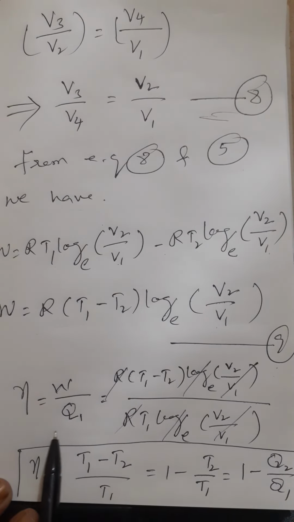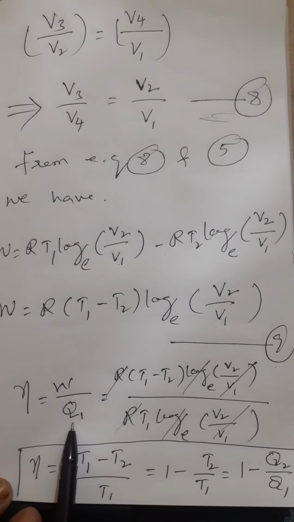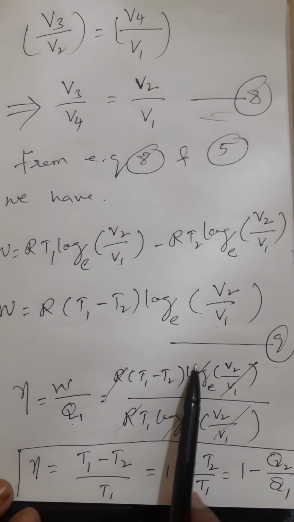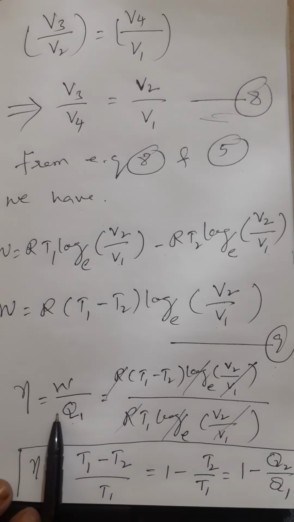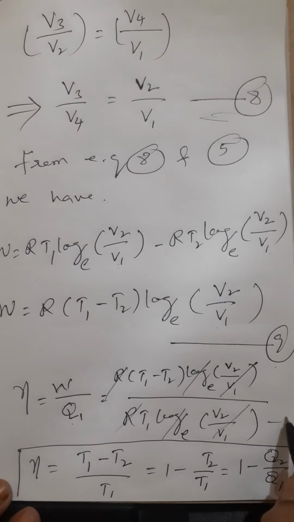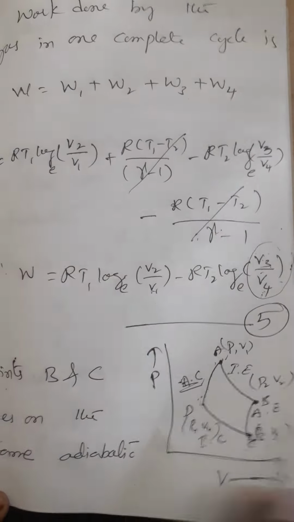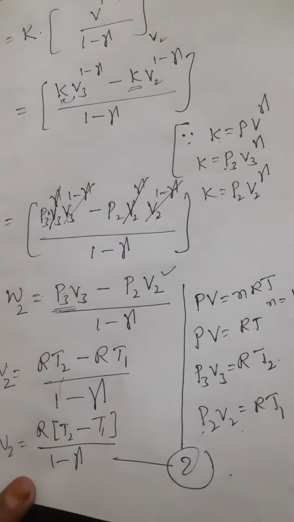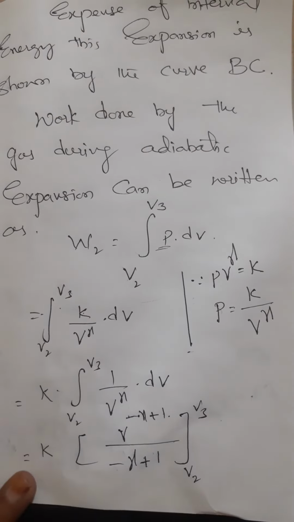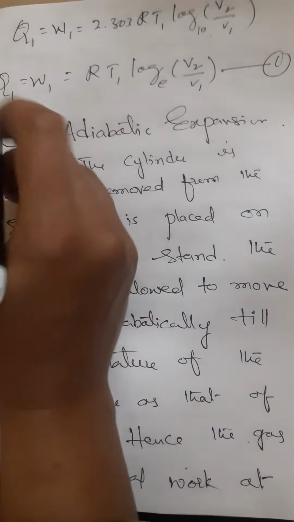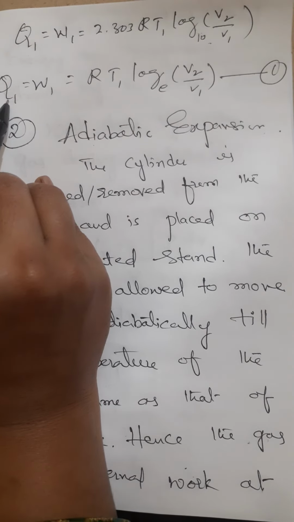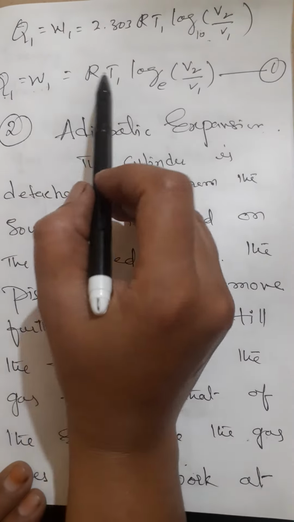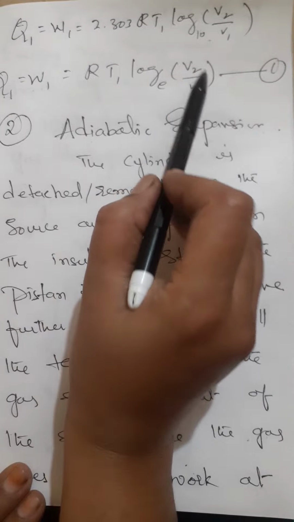Now the efficiency definition, I already told you: total work done by heat absorbed by the engine. Total work done is what we calculated, R(T1 minus T2) log_e V2 by V1. Next, heat absorbed by the engine is nothing but the first equation, the heat energy supplied by the source due to which some work is done by the gas, equal to R T1 log_e V2 by V1.